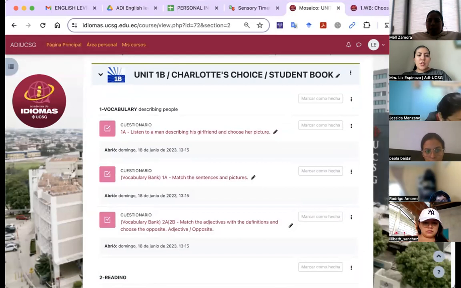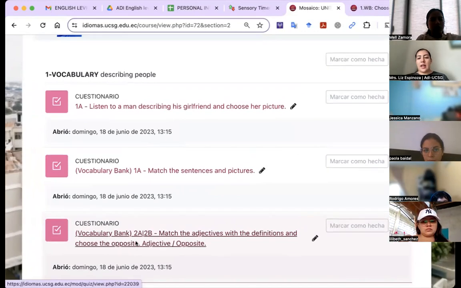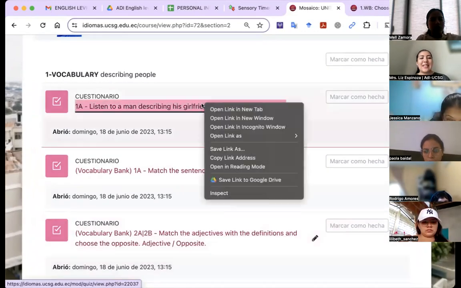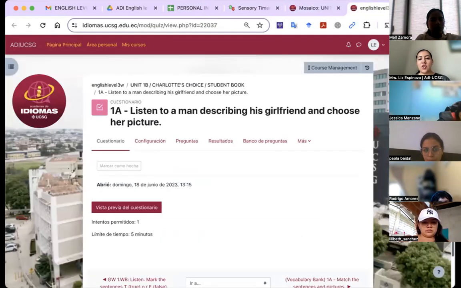Okay, very good. So as I mentioned, now we can move on to 1B, but right now we're going to work on vocabulary activities, okay? It says describing people. When you describe someone, you mention the color, maybe, of the hair, the color of the eyes, if it is tall or short, what clothes this person is wearing, or maybe a specific physical description, right?